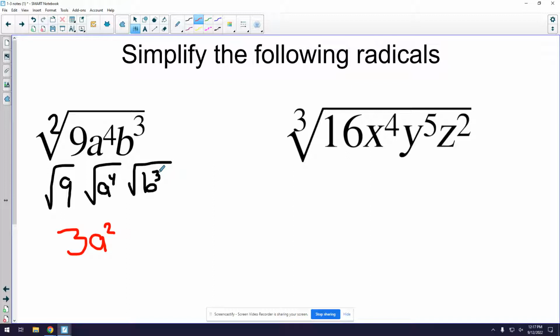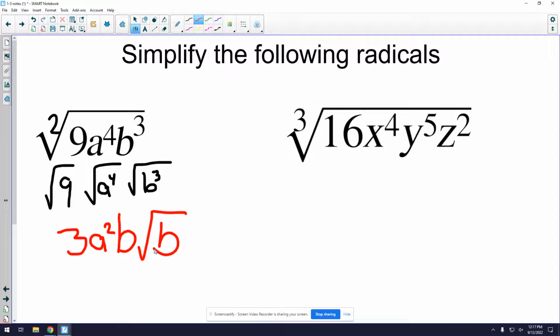That's going to give you 1, since 3 divided by 2 is 1 outside of the root, but there is a remainder of 1. So underneath the root is also b. So your final answer is 3a squared b square root of b.